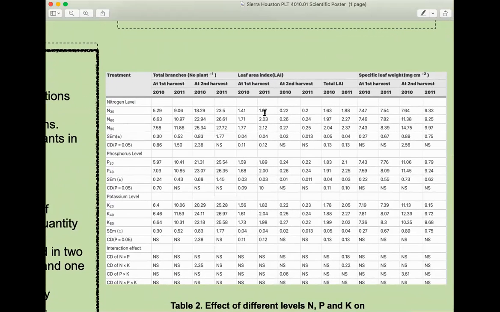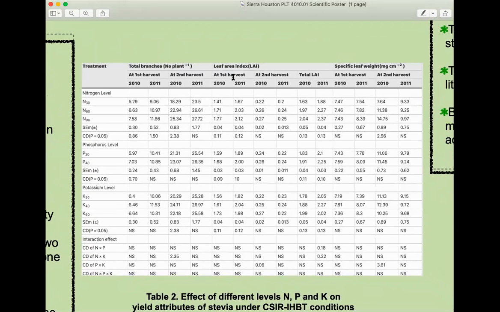The LAI, which is the leaf area index, shows the data you get from that. For the estimation of steviol glycosides, leaves from the middle section of the plant were harvested at all 3 locations.